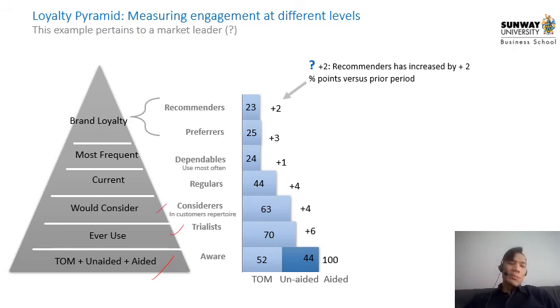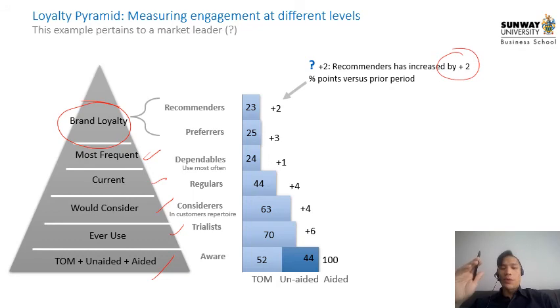We would also think about those who are considered. Then we can move them up into the current, most frequent, and finally brand loyalty segments, which are people who are going to be recommenders and preferers. Recommenders should increase as many points as possible over a period. This is how we track those people's relationship along the brand equity.